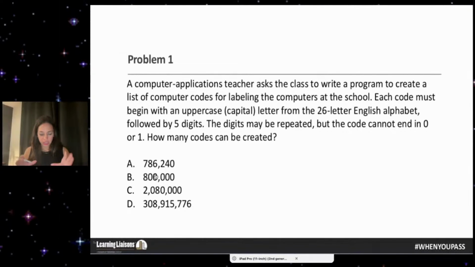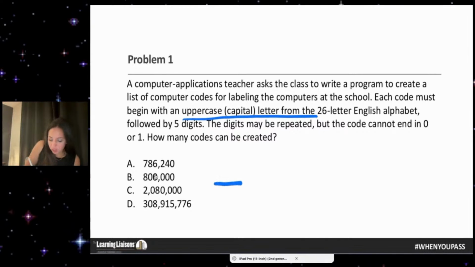So when we're looking for the number of combinations of something that can happen, we're really just thinking about multiplication. But how we apply that multiplication is what matters in this situation. We are looking for an uppercase letter to start.